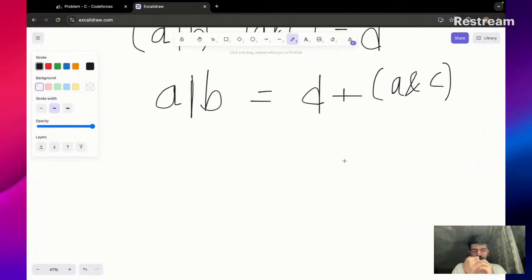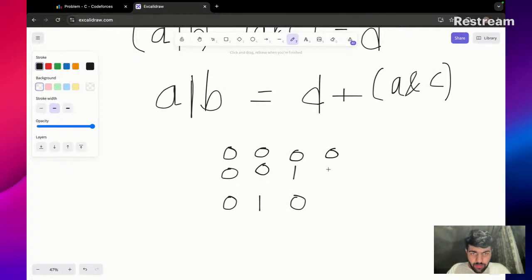So let's see what the possible combinations are that I can have for a certain bit in B, D, and C. Let's assume we have 0, 0, 0, then 0, 0, 1, then 0, 1, 0, 0, 1, 1, 1, 0, 0, 1, 0, 1, 1, 1, 0, and 1, 1, 1.